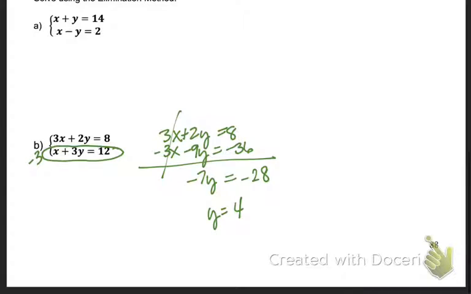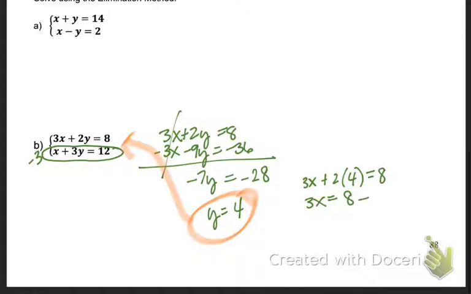The next step is to substitute this back into any one of the equations. So top or bottom, first or second one. I usually just stick with the first one. So 3x plus 2 times 4 equals 8.